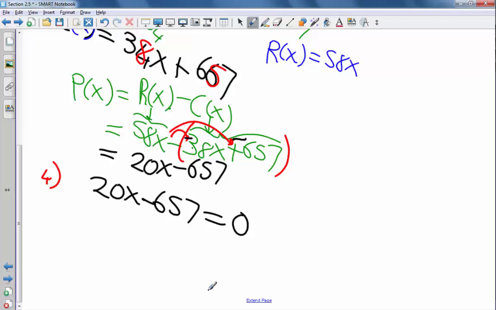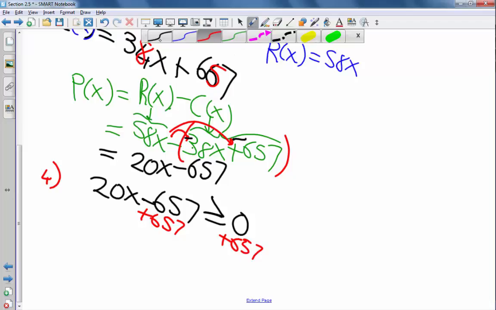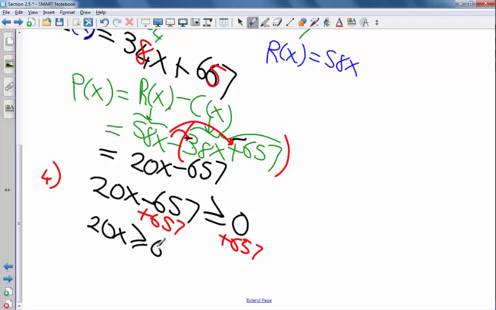Perfect. We need to change this into profit should be 0 or more so you can make money or break even. Right? So I will solve for this. Let's solve. Add 657 to both sides and divide both sides by 20.